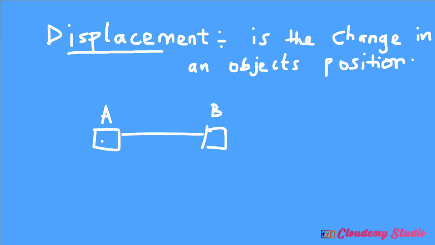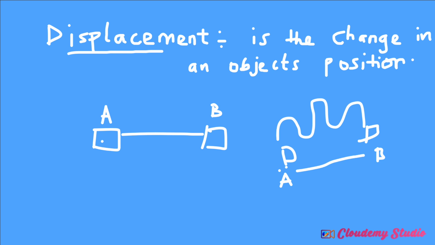Displacement is usually a straight line. Sometimes you can say it is the shortest distance between 2 points. If you were supposed to move from this point A to this point B in a zigzag or curved manner, it can also be done in a straight line like this.